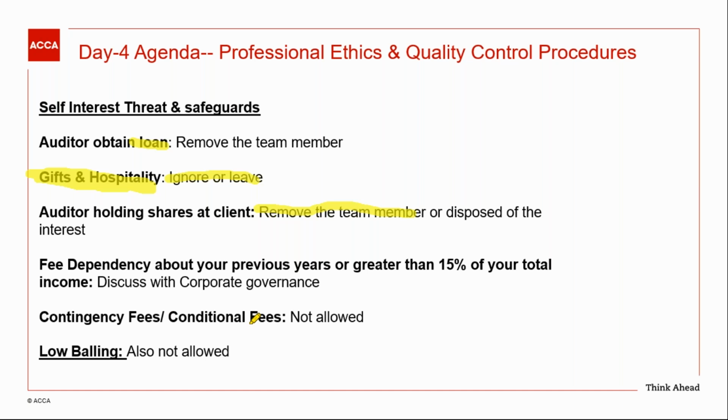And what type of condition is it? If the client says that I will give you 1% of my total profit, then the threat is that the auditor will try not to object to any transaction.